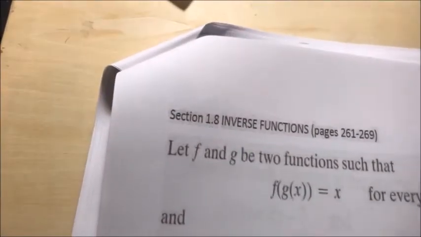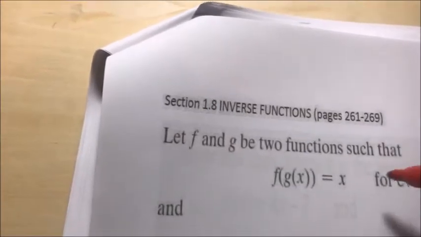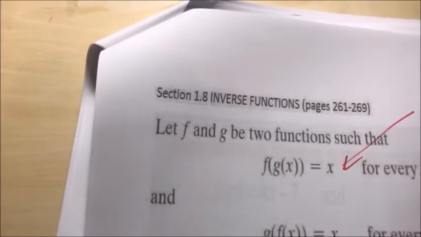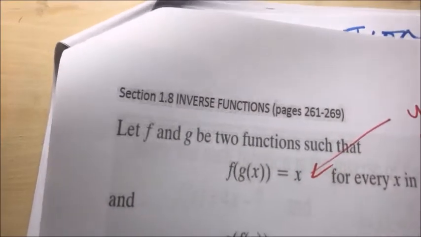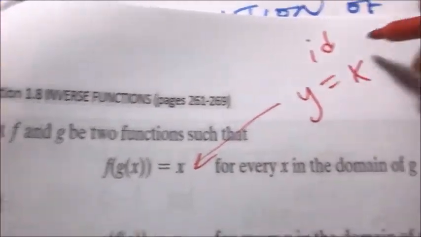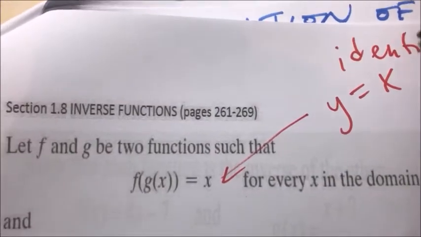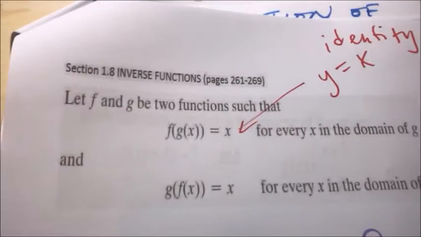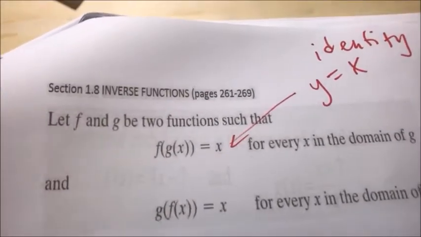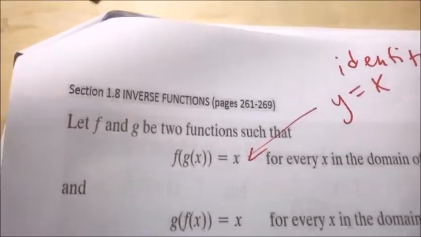In other words, when you compose two inverse functions with each other, you get the identity function. Okay? So y equals x is called the identity function. Because what does it mean to be identity?